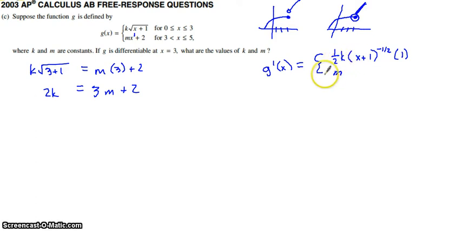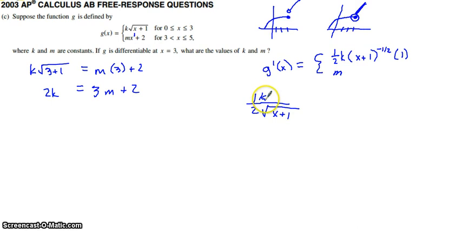We need the derivatives to be equal to each other at the transition value of 3 as well. So what I'm going to do is simplify the top derivative. I'm going to have a k in my numerator with the 1. I don't really need the 1, but I have it there already. I'm going to have this go back across the fraction bar into the denominator since it has a negative exponent on it, and I'm also going to change it back to a root.